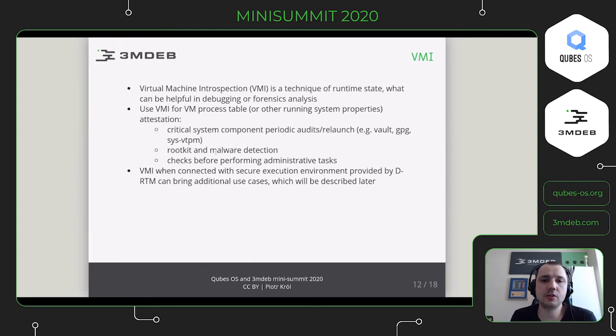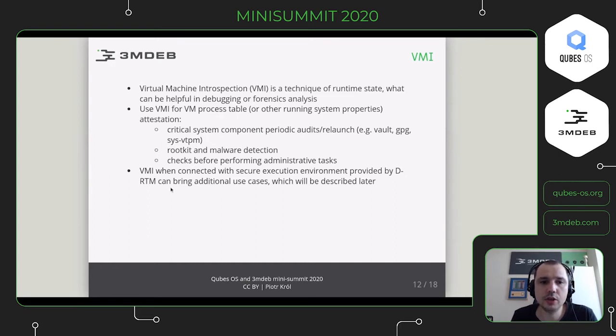We can have rootkit and malware detection, so we can look for some anomaly in a VM. And let's say we have an admin VM. We want to change something in our Qubes OS infrastructure, like add a VM, create some VM, or destroy some VM, or change something in configuration. Then we can check the administrative VM to see if all the processes running on this VM are according to our expectation.